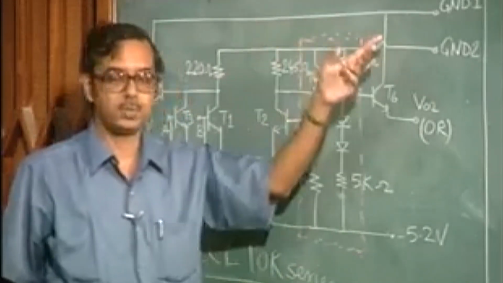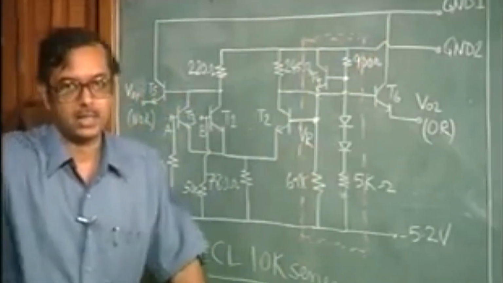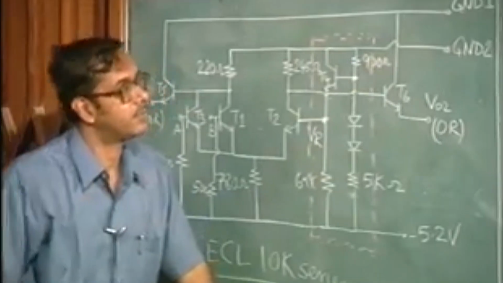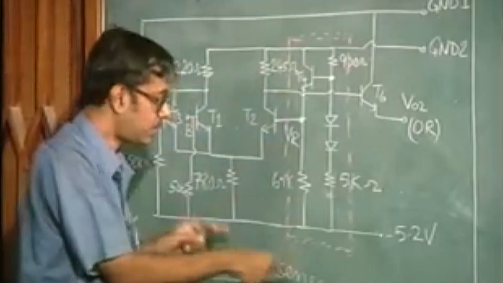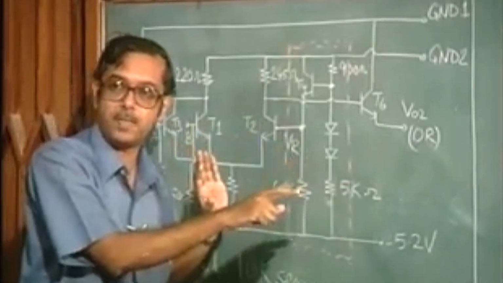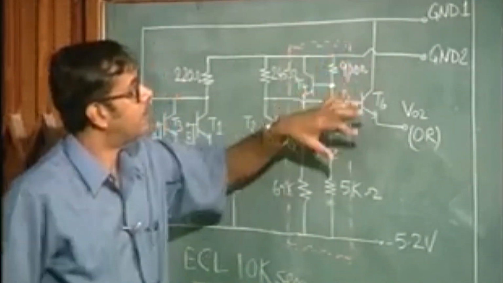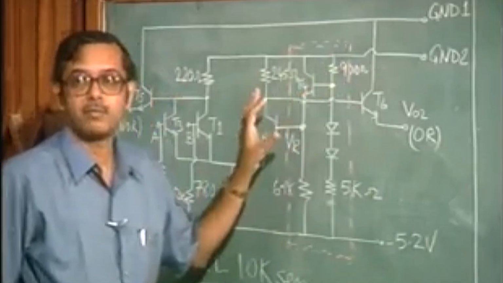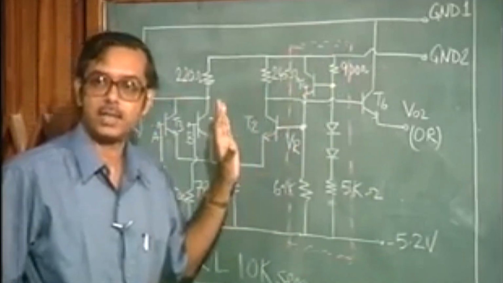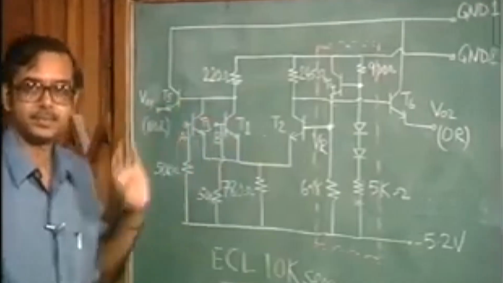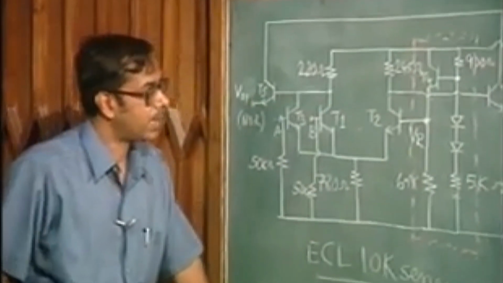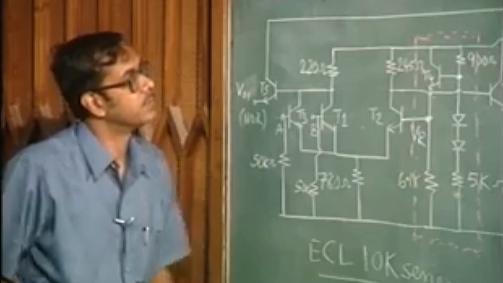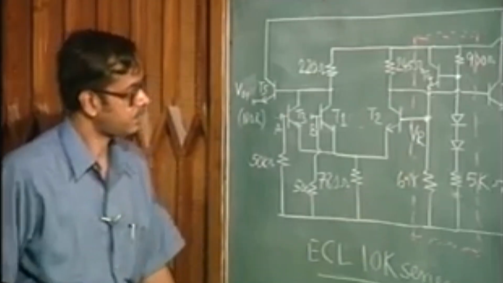They may be connected finally at the system level, but at this stage they are separated out to protect this part of the circuit from any noise, which may give rise to glitches in the logic. So that is the other thing, ground 1 and ground 2.